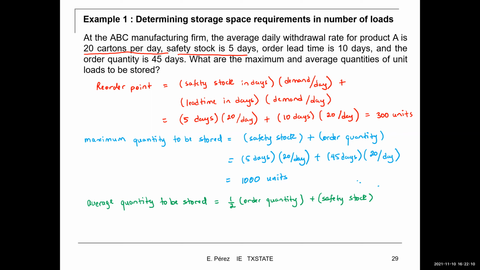So the order quantity will be 900, right? It is 45 times 20. So this is 1/2 times 45 times 20 plus the safety stock, which is 100. And this is 550 units.